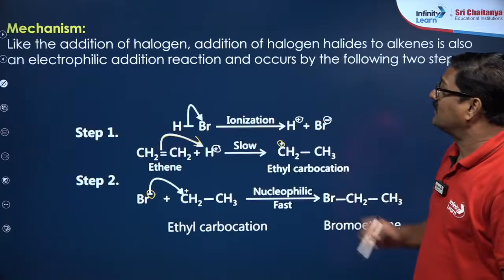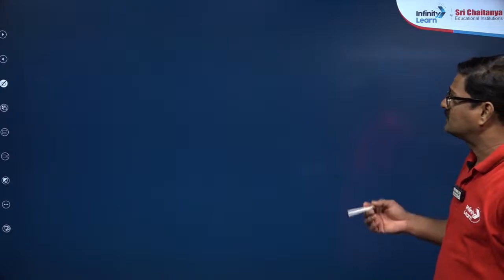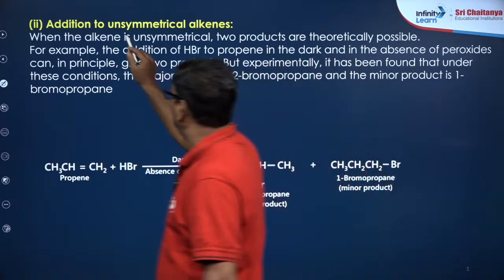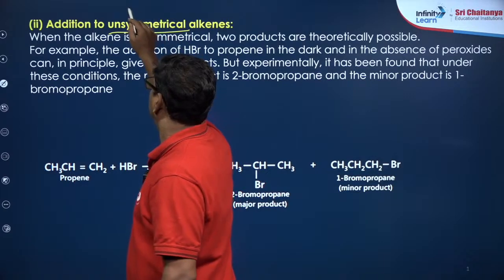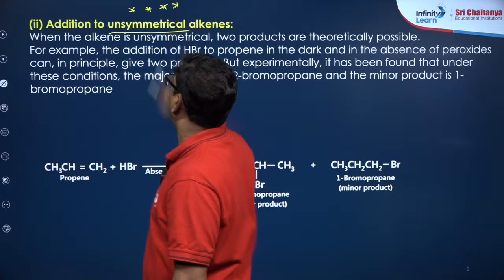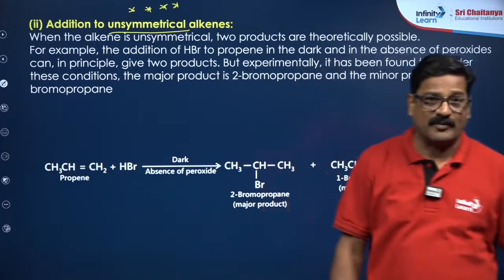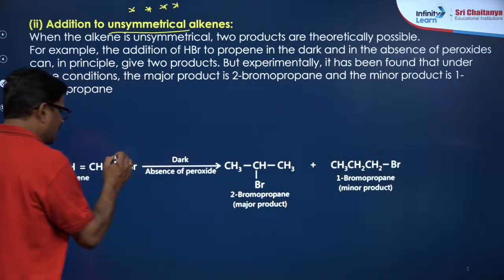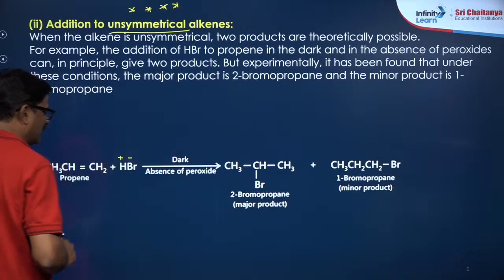If an unsymmetrical alkene comes, this is the mechanism we discussed. Addition to unsymmetrical alkene is very important. When an unsymmetrical alkene is used, HBr gives H plus and Br minus.